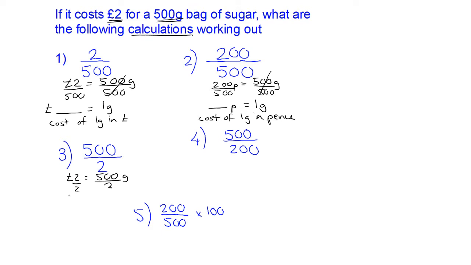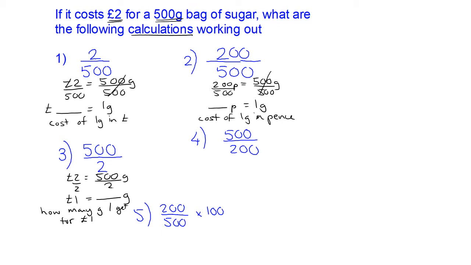I'm now getting £1. I know that's 250, but I'm not going to write it. So it's how many grams I get for £1. So I'm going to write that down: how many grams I get, or buy, I should say, for £1.